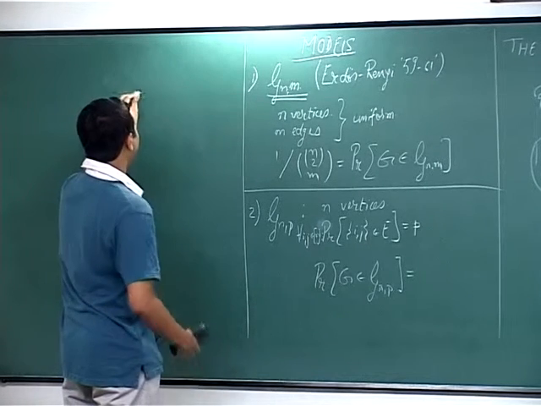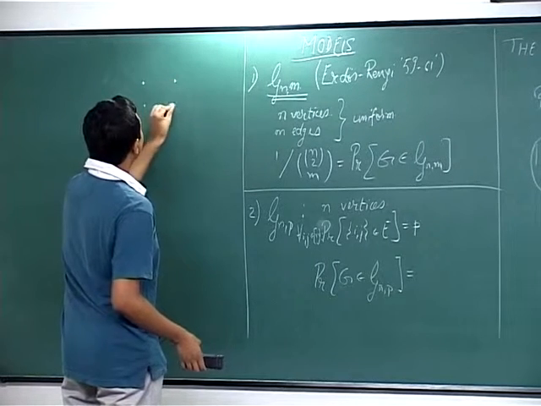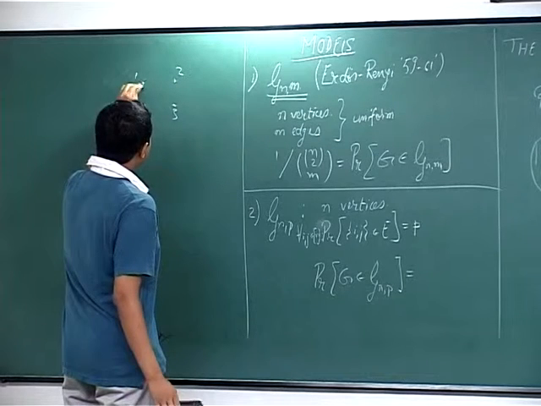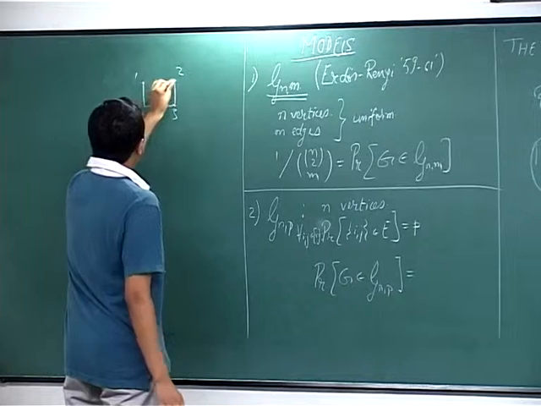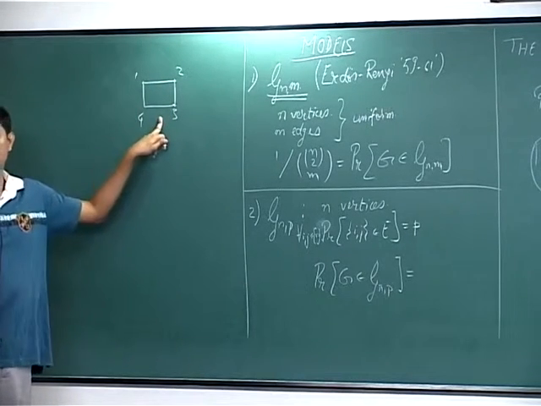Let's take n to be 4. So these are my vertices. Now I say that every edge appears with probability p. Now this is my graph. What is the probability that this graph appears?